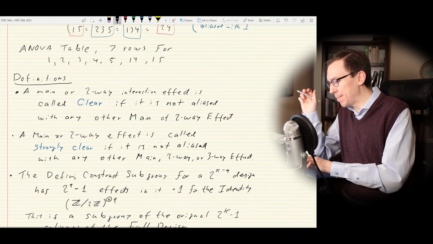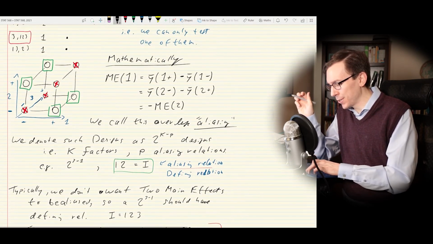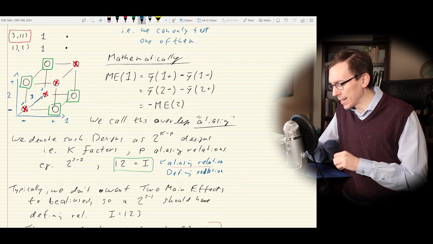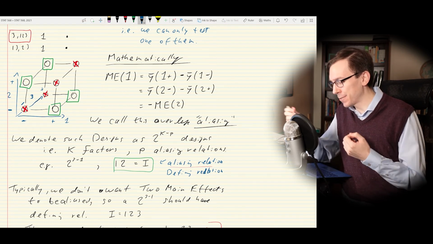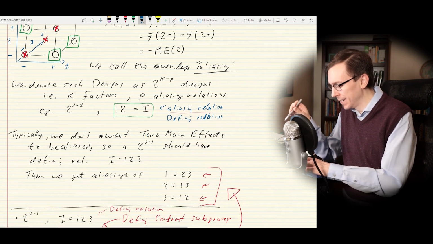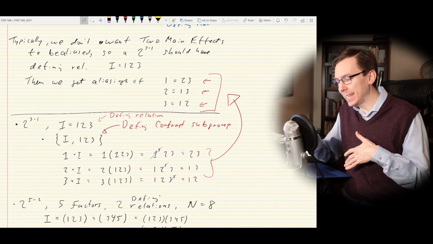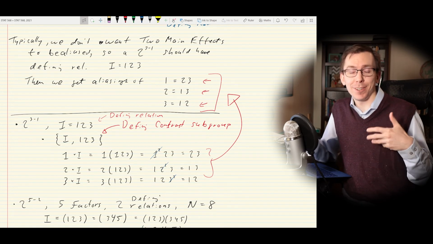So if we go all the way back up to what we did at the beginning, when I gave you that first example, I had a resolution 2 design because 1, 2 is aliased with the identity. But when I went down here, I now aliased 1, 2, 3 with the identity, so I had a resolution 3 design.